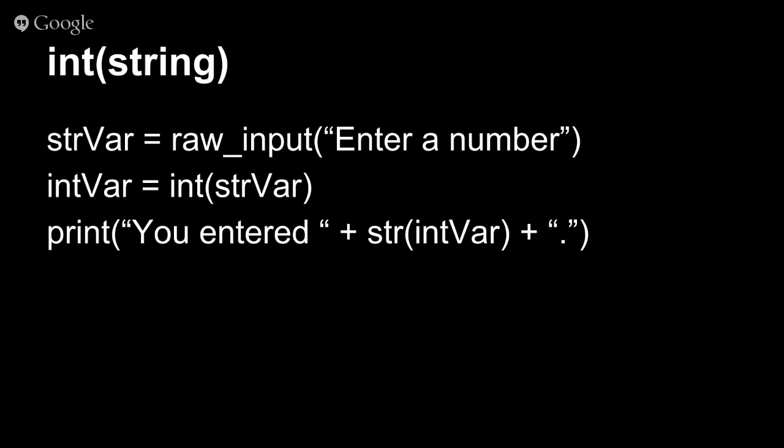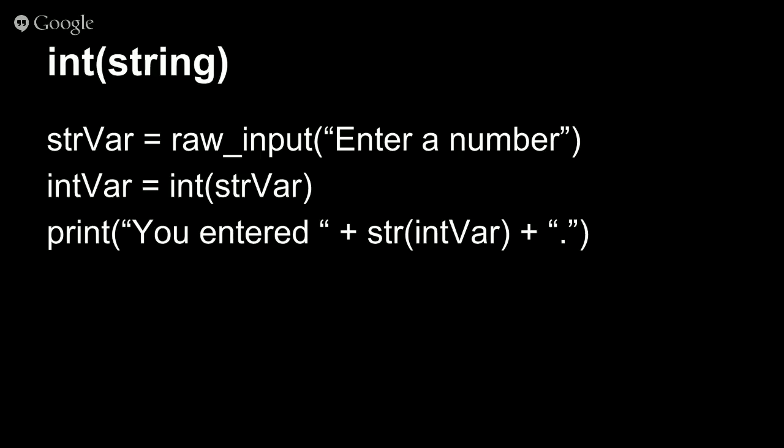Right here I have two variables, str_var, and str just stands for string, so I'm going to call it string variable. The shortening there is just for readability's sake. String variable is equal to raw_input, and the prompt that I'm passing into raw_input is "Enter a number."